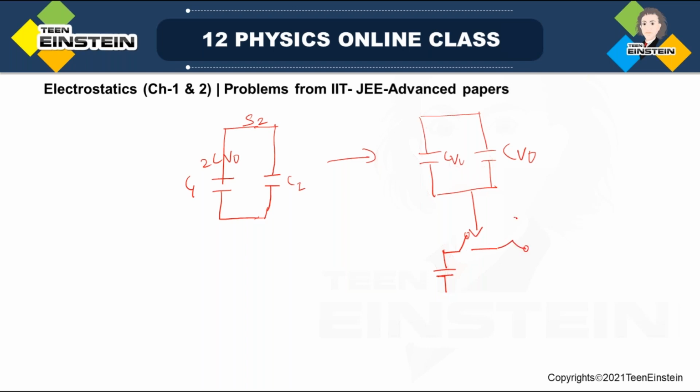See, this is S3, with a battery having opposite polarity. If you see the figure, this is V0 and this is the capacitor C2, and this is C1. So C1 is now open and C2 is closed with this battery.